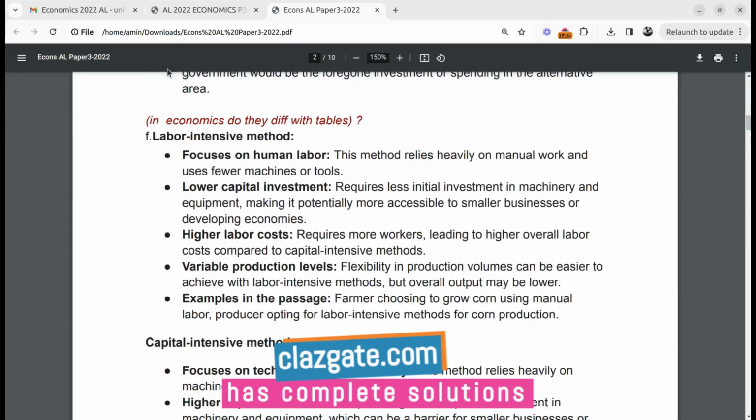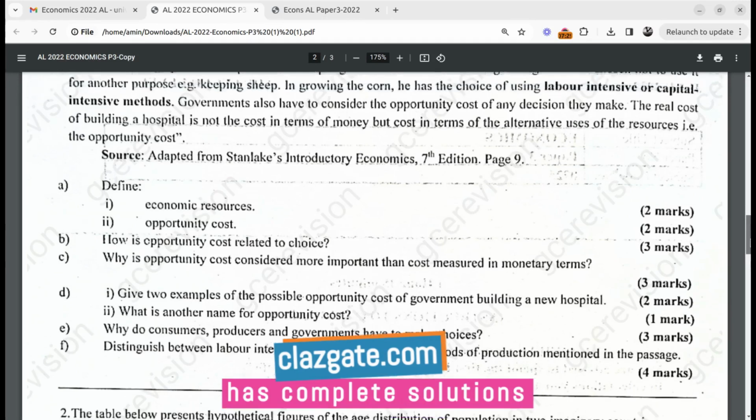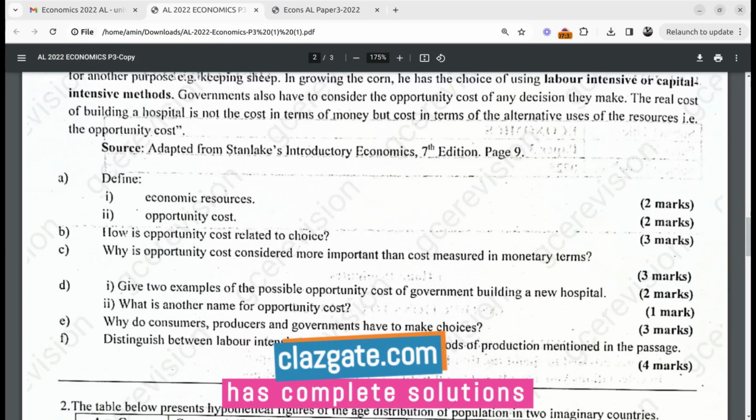Now we're about to dive into F. Question 1F is asking us to distinguish between labor intensive and capital intensive methods of production mentioned in the passage. You can see it was mentioned in the passage, highlighted.